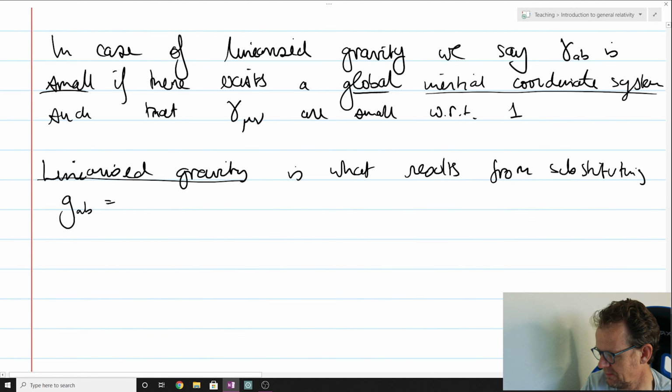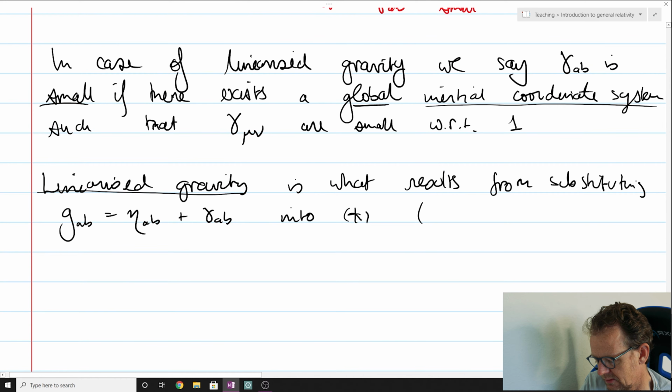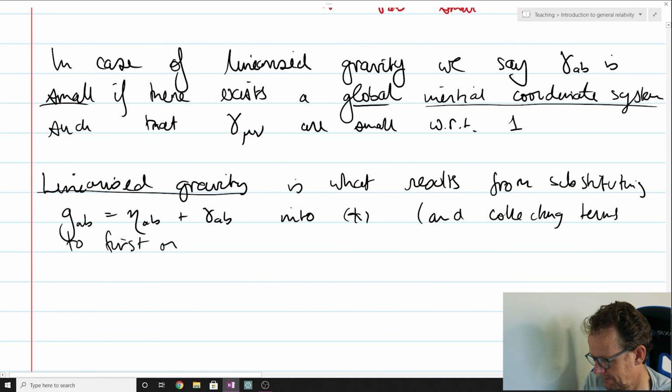We understand what smallness means now, so we're going to work back in our abstract notation as much as we can, into star. So that's what linearized gravity means. And collecting terms to first order in gamma AB.